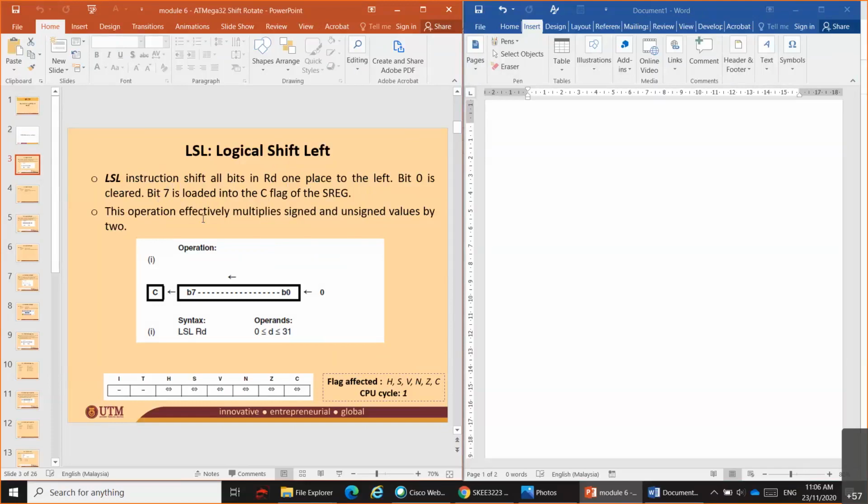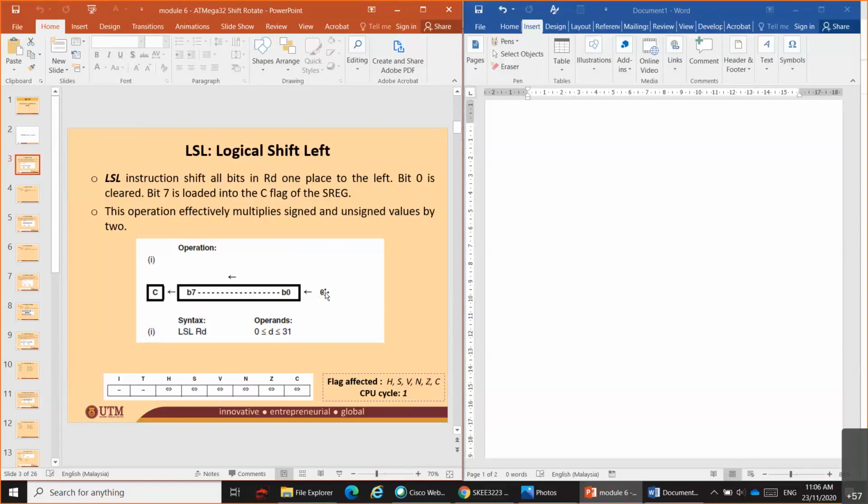This operation effectively multiplies your signed and unsigned value by 2. So every time you do the LSL, you're going to multiply the value inside that register by 2. This is the operation.